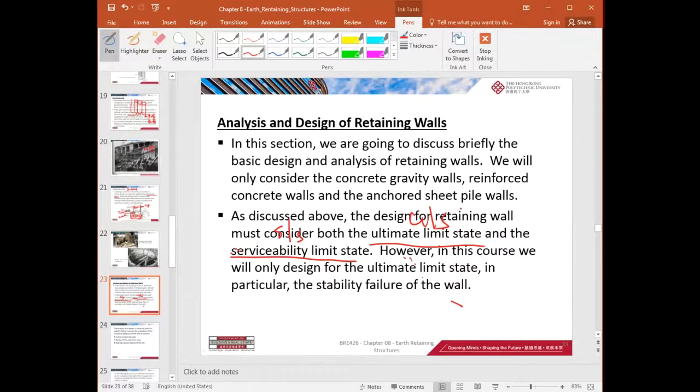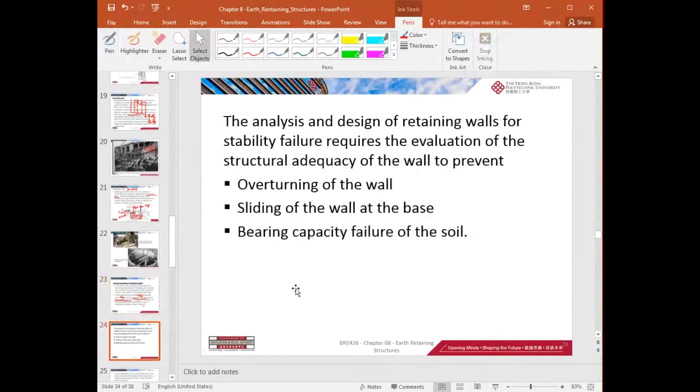But for the purpose of this course, we concentrate on the ULS. That means we have to guard against our wall from the stability failure, right? From any sliding, overturning, or from the soil bearing. Right?